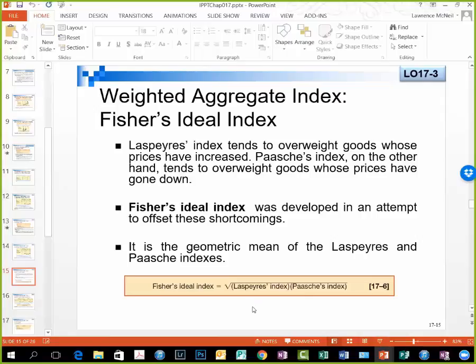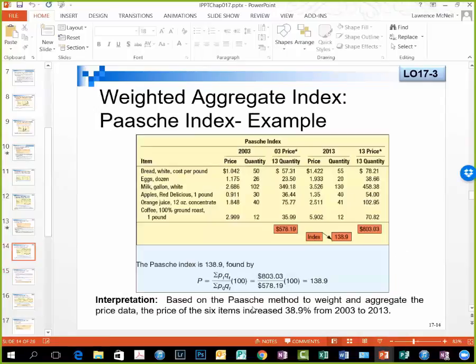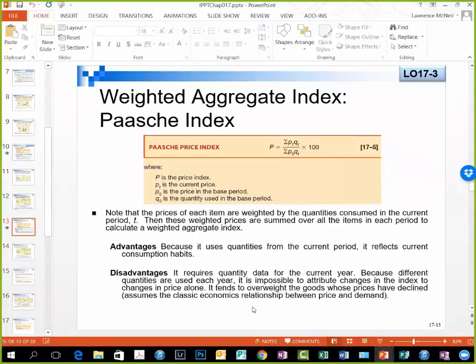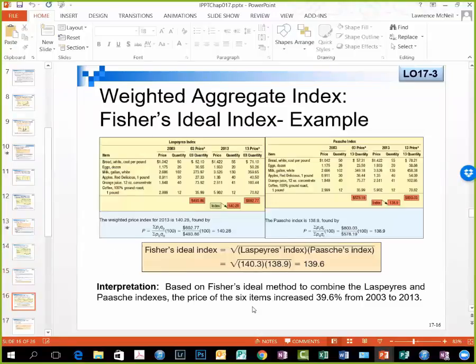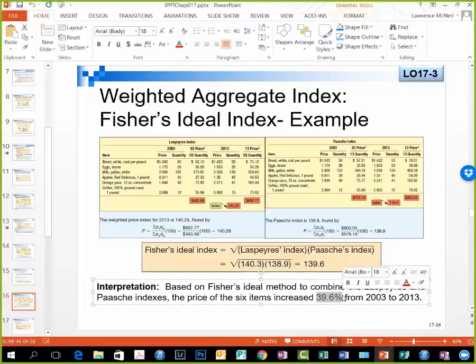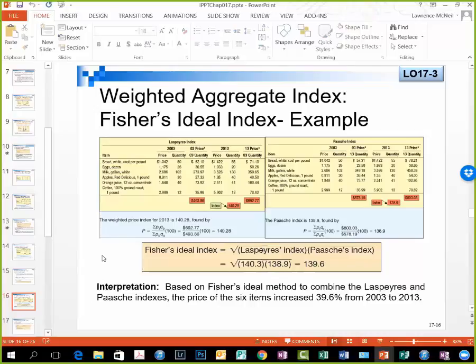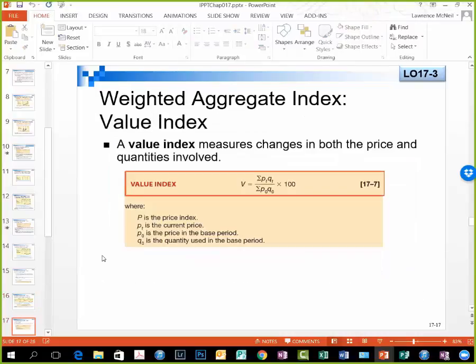The importance there is, it's going to be very similar. If you actually took the average of these two numbers, 38.9 and 40.28, you would get a number very close to the geometric mean, which turned out to be 39.6. So there's your geometric mean, and that gives you a number that's in the middle of the Paasche, 38.9, and the Laspeyres, 40.28. So that's all the ideal index is.